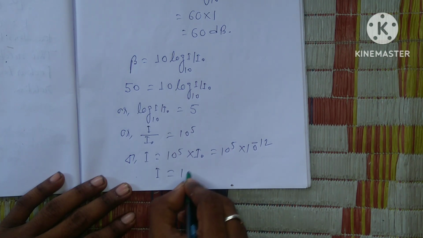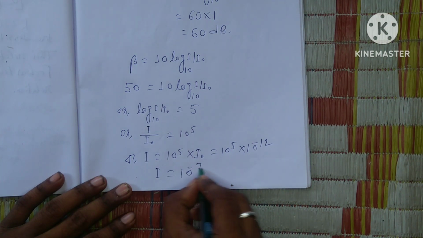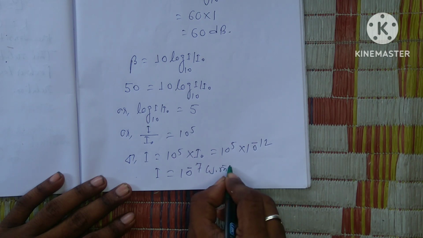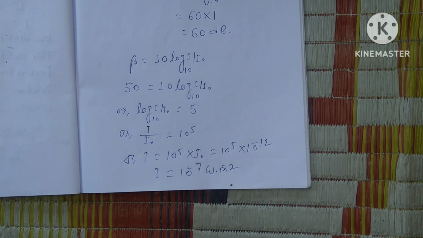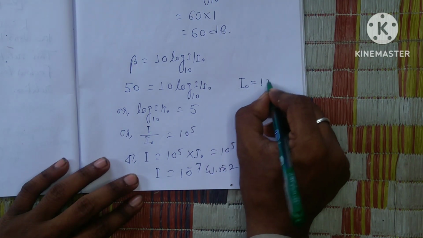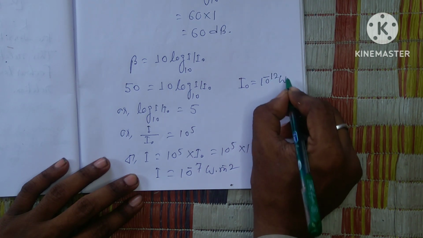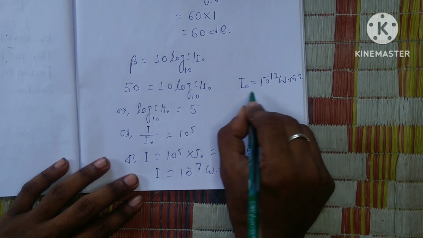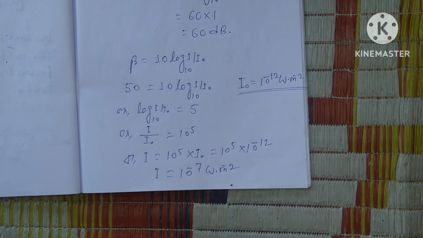So I equal to 10 to the power minus 7 watt meter to the power minus 2. We have to remember the value of I0, that is the standard value, 10 to the power minus 12 watt meter to the power minus 2.